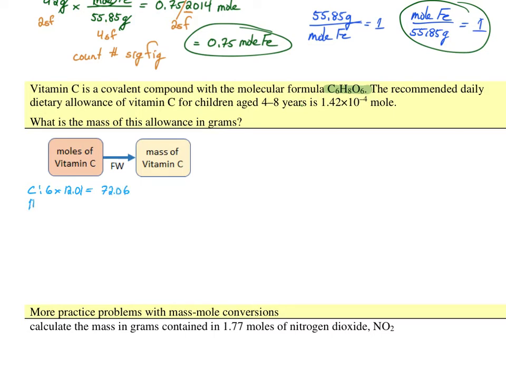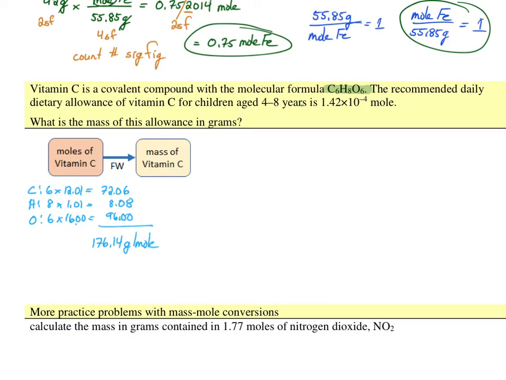And hydrogen, and finally oxygen. So we see our formula weight is 176.14 grams per mole.